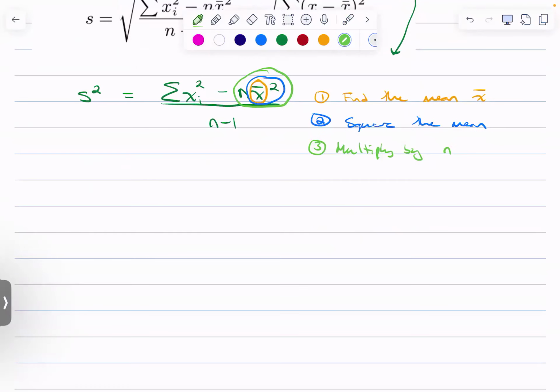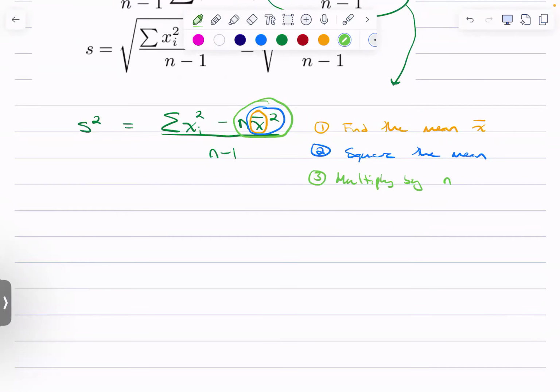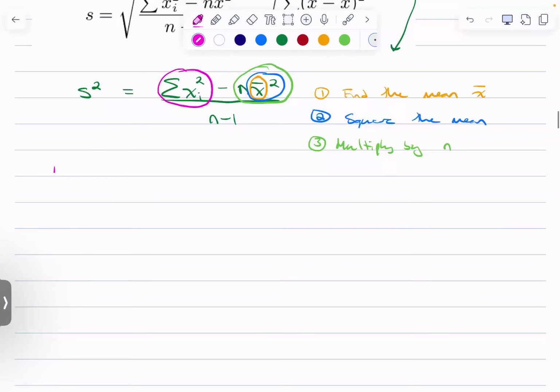Then this one's probably the pickiest part. 4. You're going to square each observation.